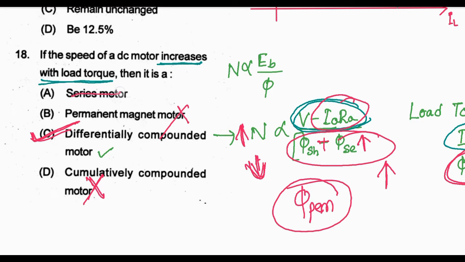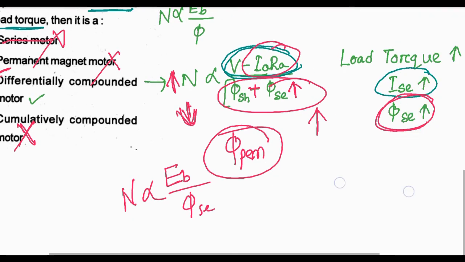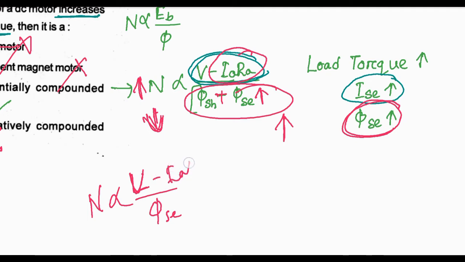And also in case of series motor, this is not the case, because N is directly proportional to EB by phi SE. When load torque increases, EB can be represented here as V minus IA RA.